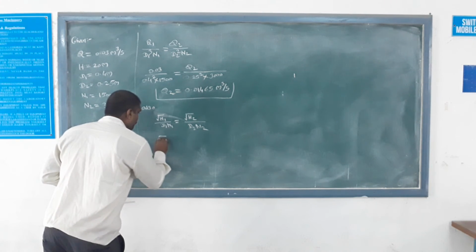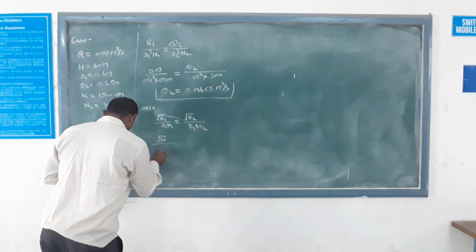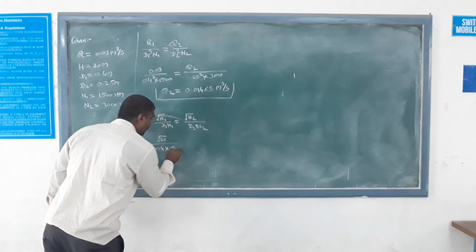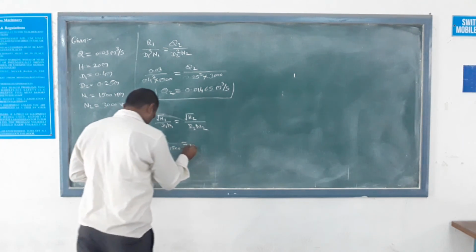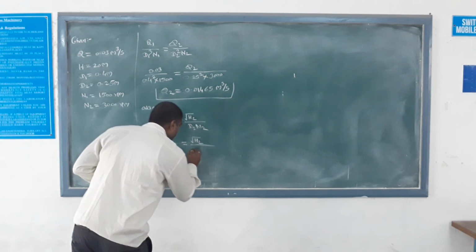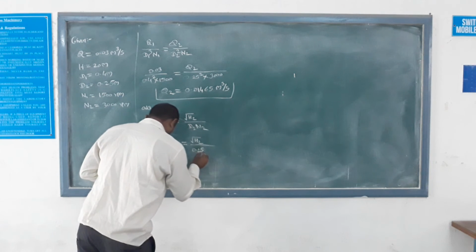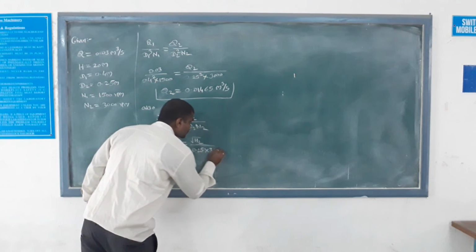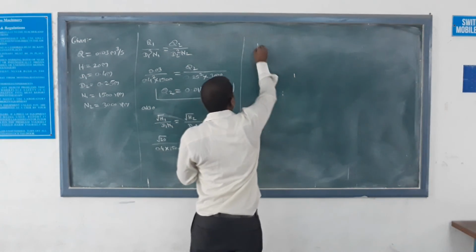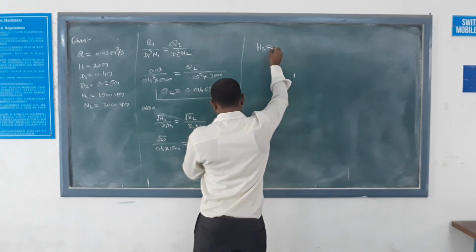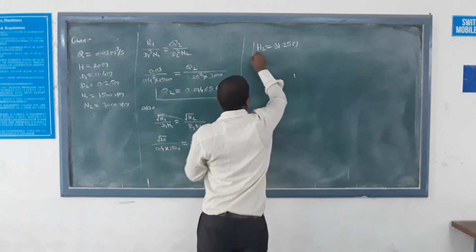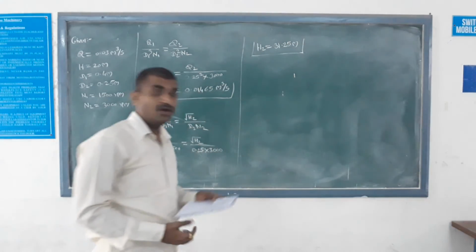After putting the values, we are getting H2 equal to 31.25 meter, from similarity.